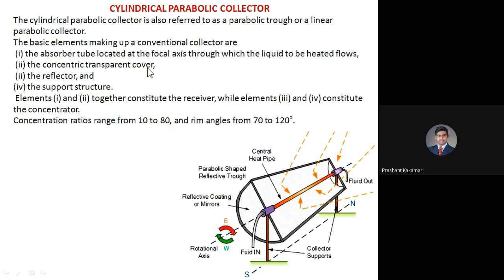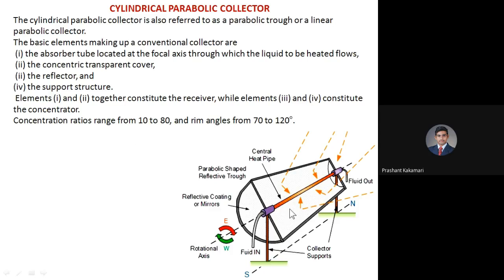The absorber tube is located at the focal axis. The tube should be kept at the focal axis such that, through the absorber cover, the transparent cover, the solar radiation can be focused on this tube. That tube is made of metal, so on that it will be focused.